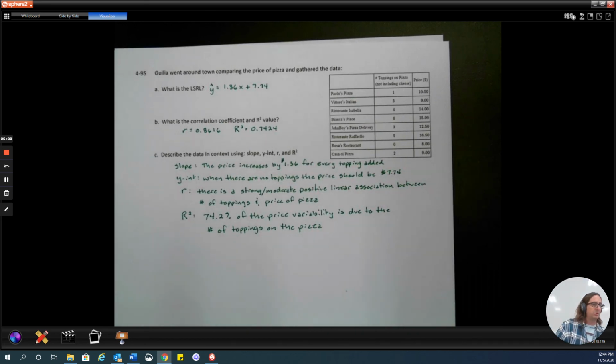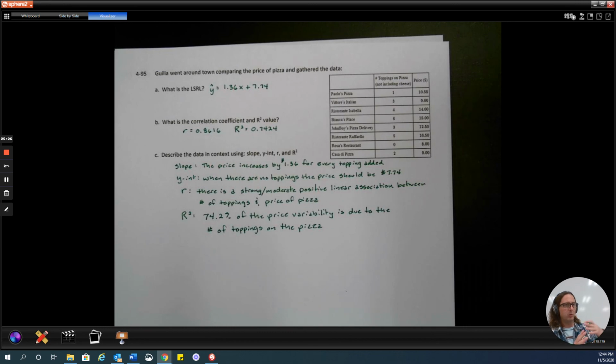So that means that there's other factors out there that are changing people's prices. Maybe somebody has a higher rent at their establishment, and that's why they need to charge more for their pizzas than other people are doing. Maybe somebody gets their ingredients cheaper or uses cheaper ingredients, and that's why they don't have to charge as much for their toppings.